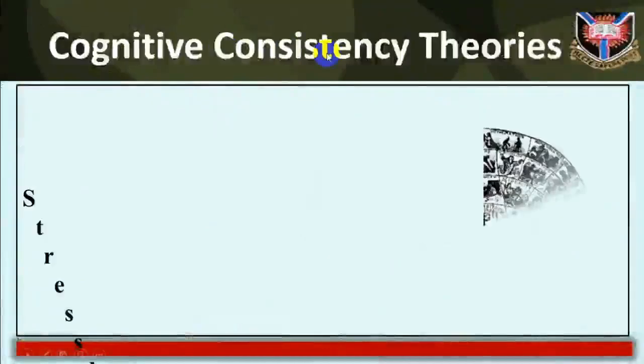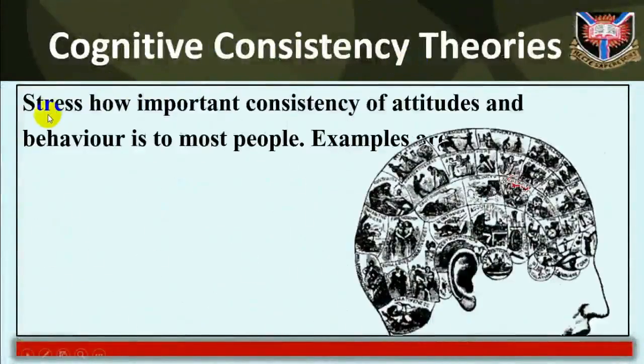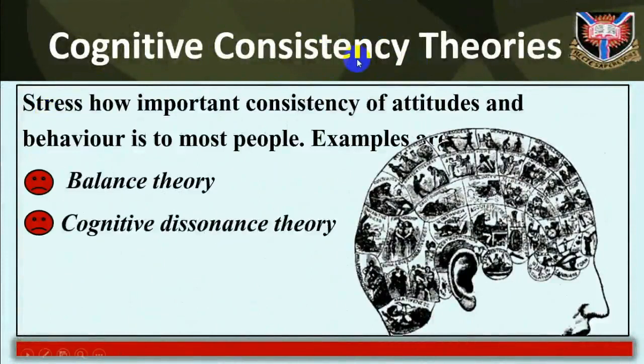Cognitive consistency theories. Behavior can have very substantial effects on attitudes. Most of the research showing such effects drew out of cognitive consistency theories, which stress how important consistency of attitudes and behavior is to most people.